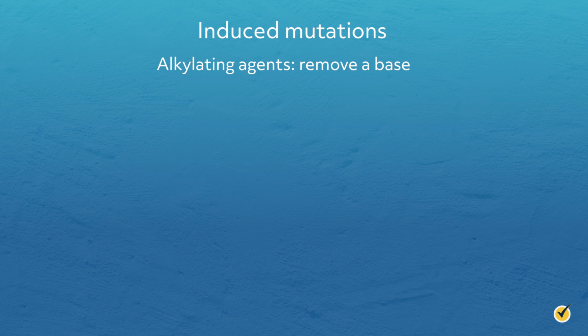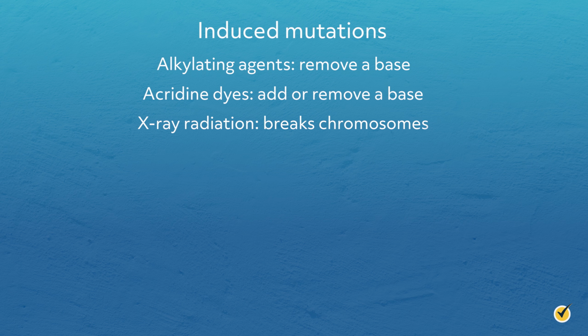Mutations that are caused by mutagens are called induced mutations. There are many different types of mutagens, like alkylating agents, which remove a base from the DNA sequence. Acridine dyes, which add or remove a base to or from the DNA sequence. X-ray radiation, which can break chromosomes.